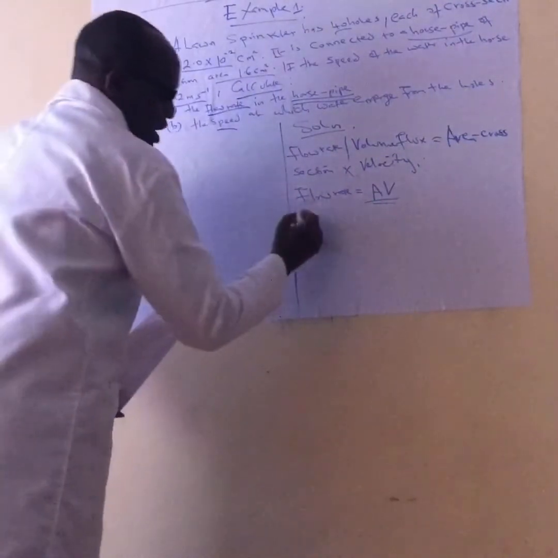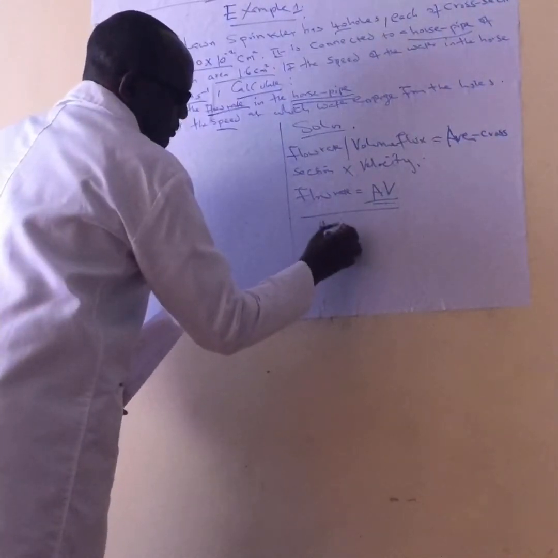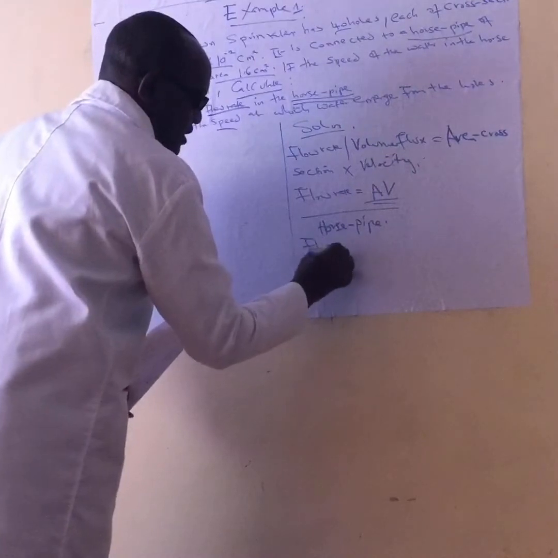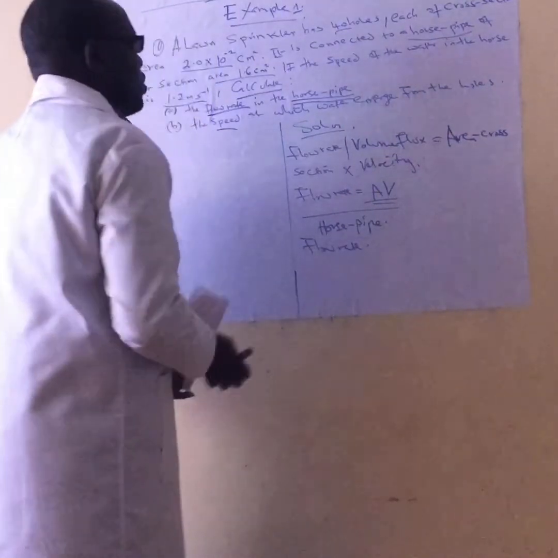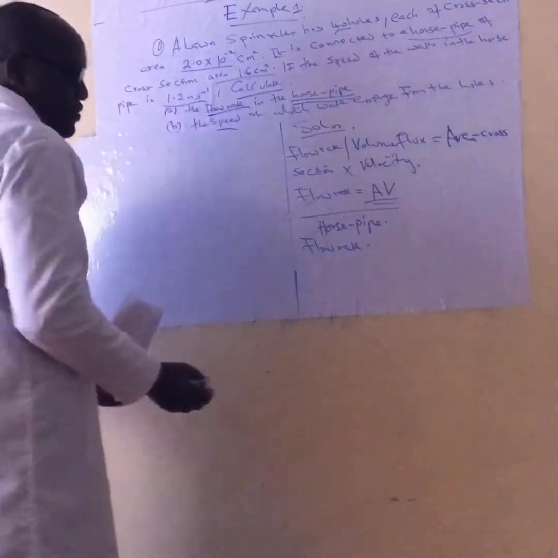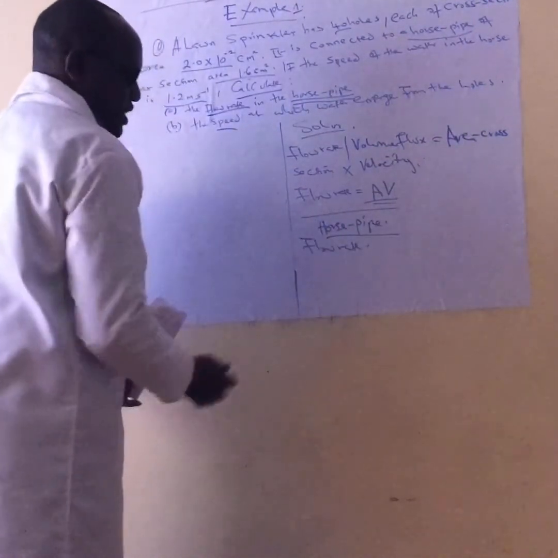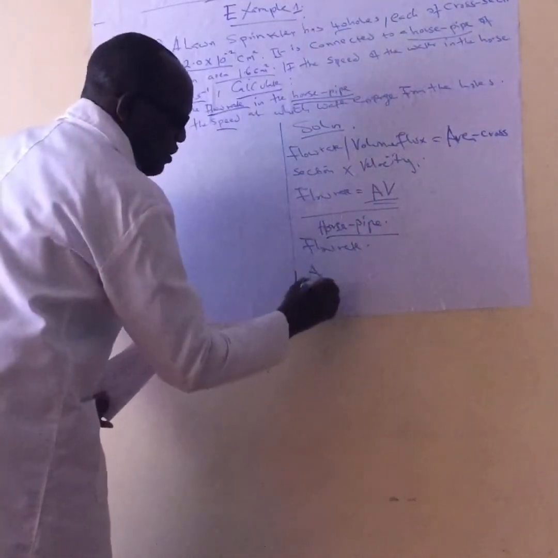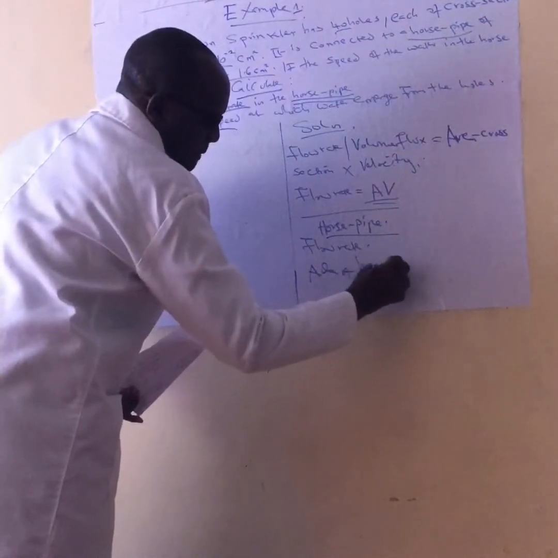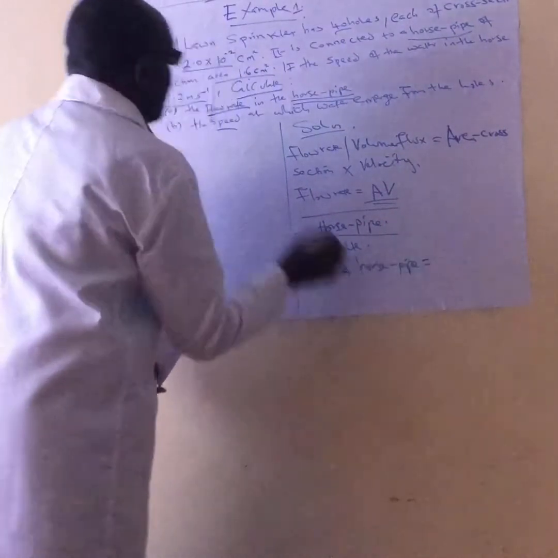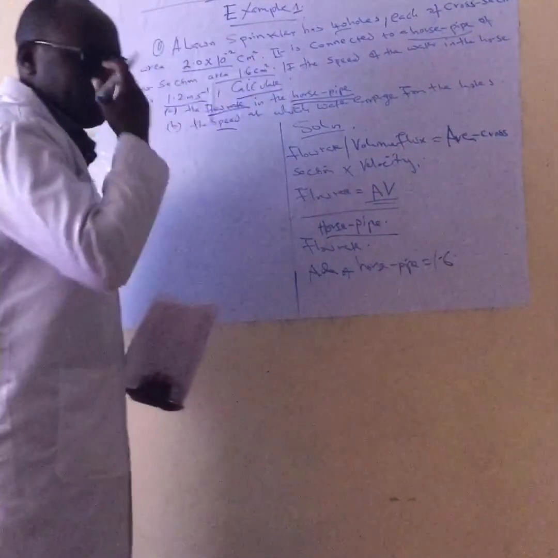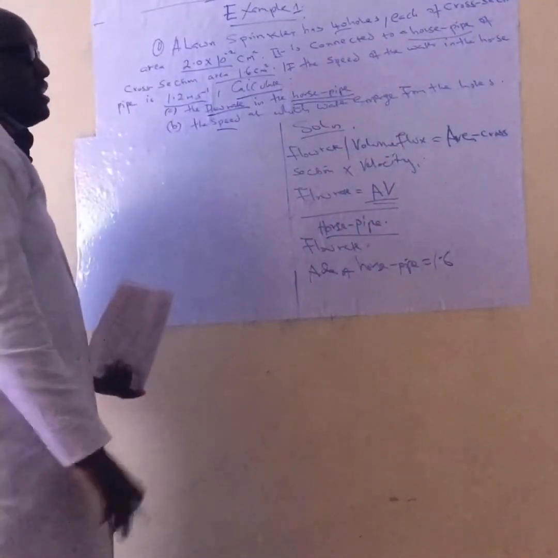So now the hose pipe, we want to determine the flow rate. So what have we been given? We are told it is connected to a pipe of cross-sectional area. So this one has the area of the hose pipe, which we are given to be 1.6, and you remember to give it in the correct unit.